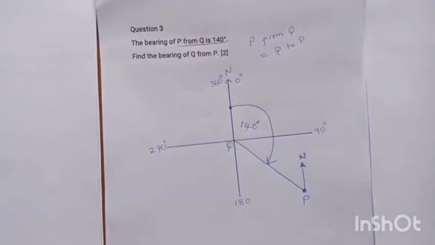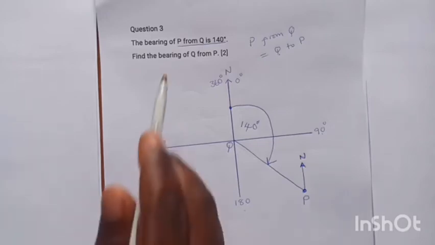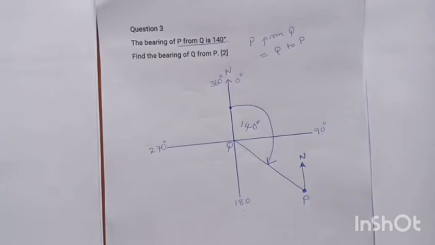After sketching 140 degrees, it now means that you have the passport to calculate the bearing of the required question.